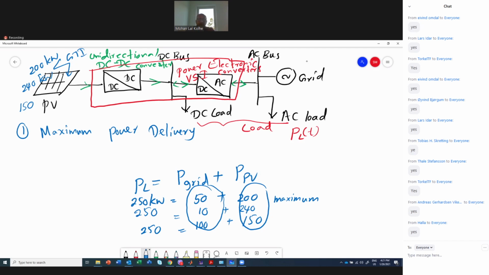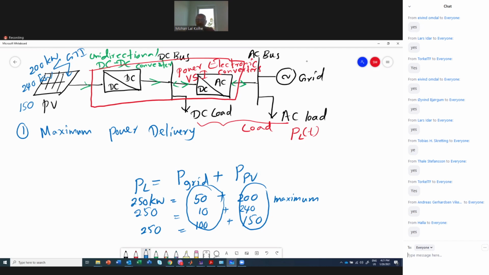That's why I'm specifying these control modes. This is known as maximum power delivery. That means the maximum power available at the PV module will be injected to the grid, and based on this maximum power, the grid will compensate.